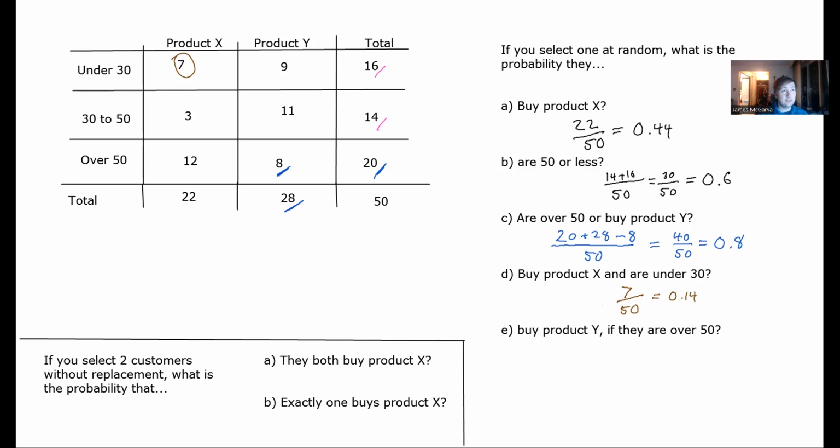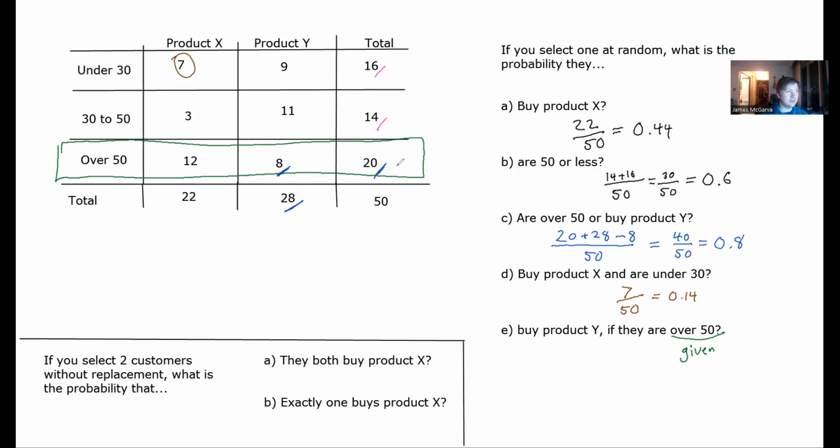And then finally, we've got this: what's the probability they buy product Y if they're over 50? So this is a conditional. We've been given that they're over 50. Right? That is given. So what that means is that we're only going to look at this group of people, the over 50s.